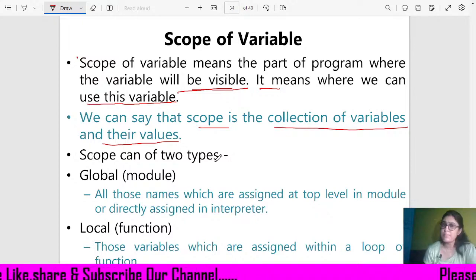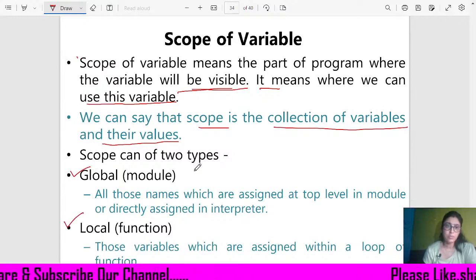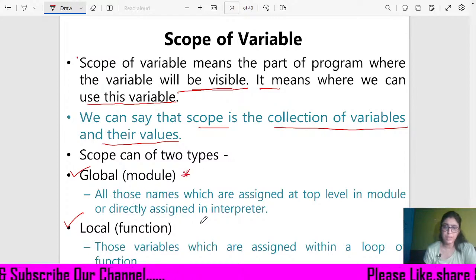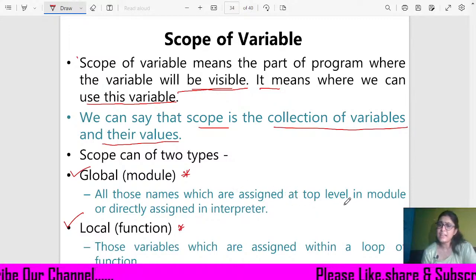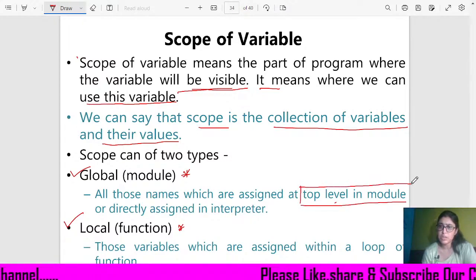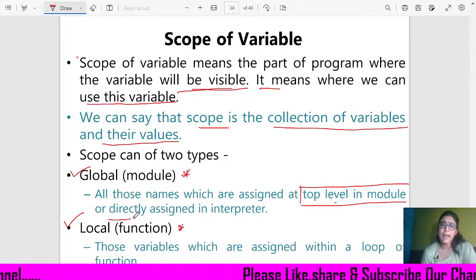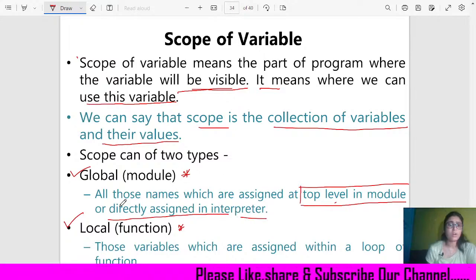Scope can be of two types. One is global scope, another one is local scope. This is very important. All those names which are assigned at the top level in the module, or directly assigned in the interpreter, are the global ones.